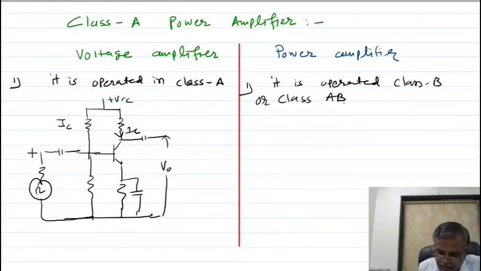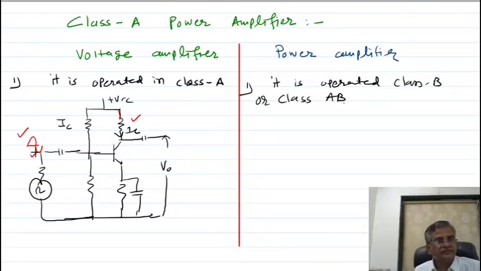Then in this collector, current flows for positive and negative half both. Means collector current will flow for positive and negative half both of the AC input cycle.